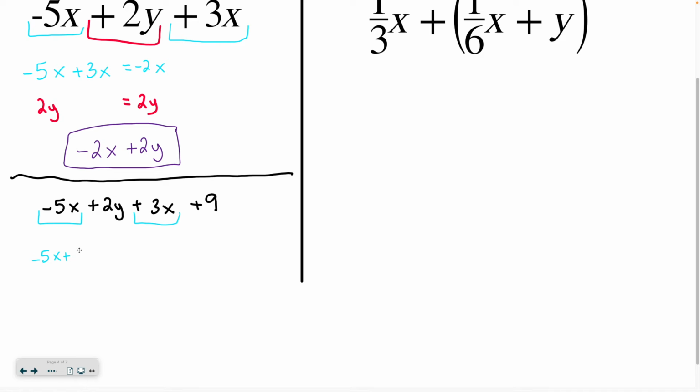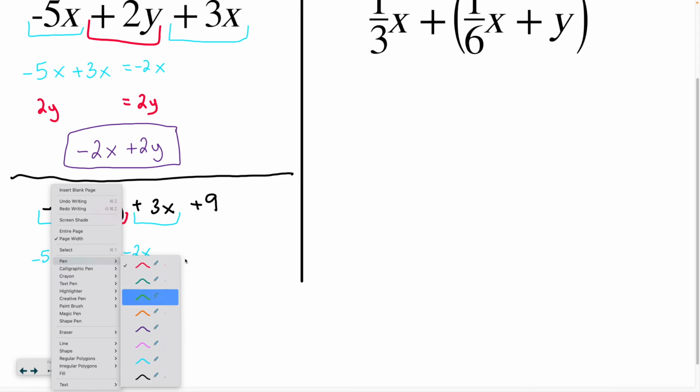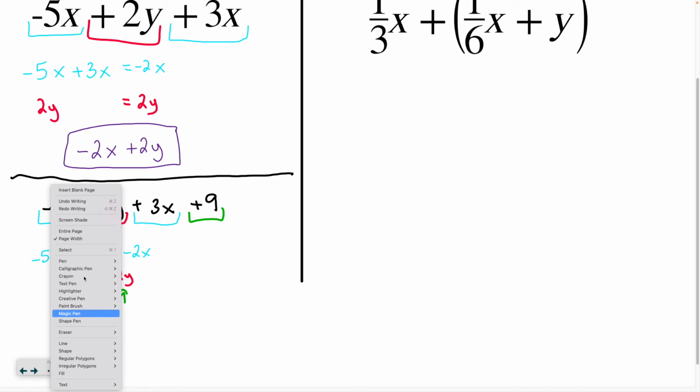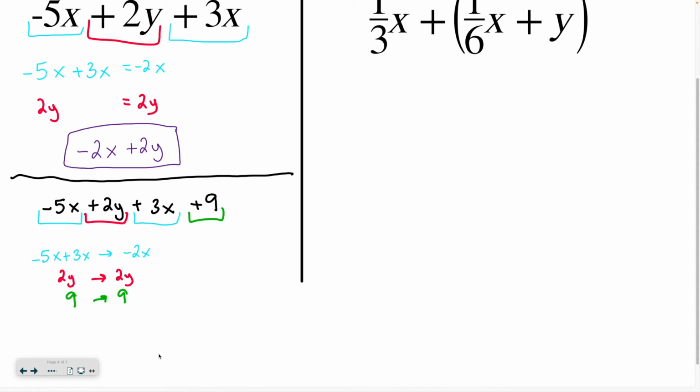So negative 5x plus 3x, that's going to give me a negative 2x. And then I still have that 2y, so that has nothing to change it. There are no other y terms, so it's going to stay a 2y. And then if I look, I have this positive 9. There's nothing to change with that positive 9, so it's going to stay a positive 9. And my last thing would be to write all of those together. So I'd say negative 2x, it was a positive 2y, and it was positive 9.